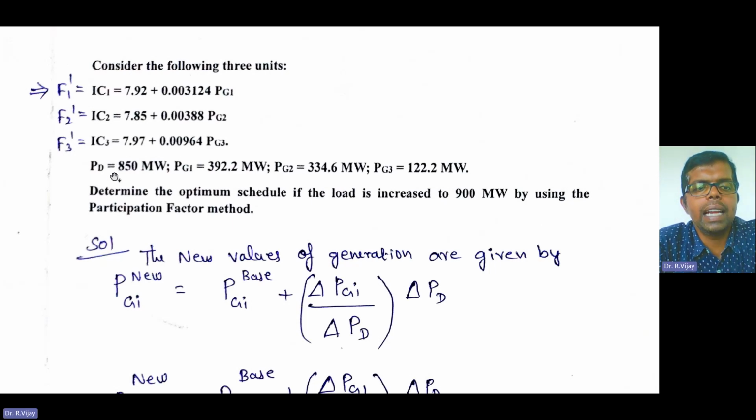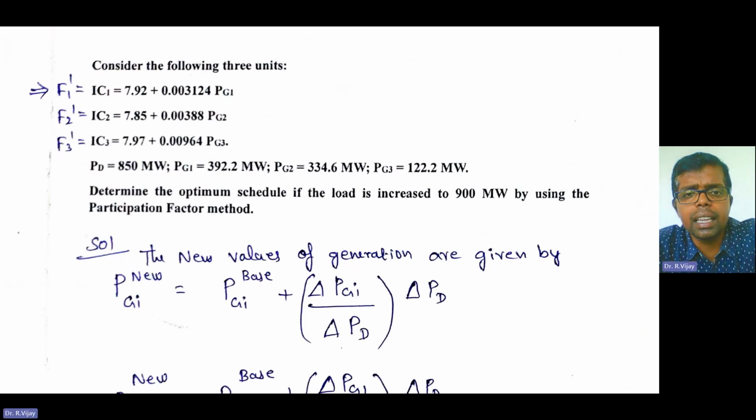Demand is given as 850 megawatt, and PG1 is given as 392.2 megawatt, PG2 is given as 334.6 megawatt, PG3 is equal to 122.2 megawatt. Determine the optimum schedule if the load is increased to 900 megawatt by using the participation factor method.